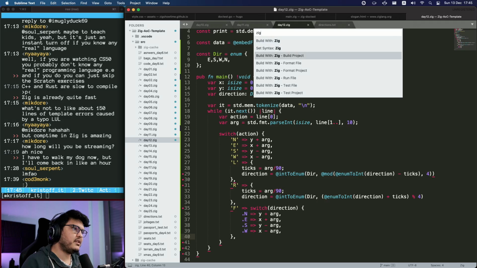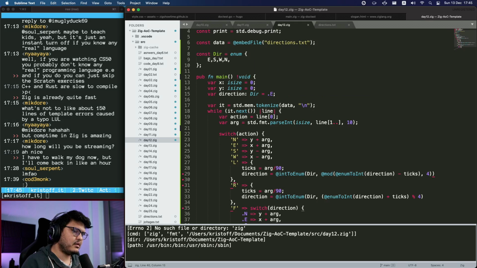Zig, please. Zig format file. What happens? No such file or directory is zig. Command zig fmt. Directory path. Why don't I have user local bin in my path? That's the problem. System preferences.